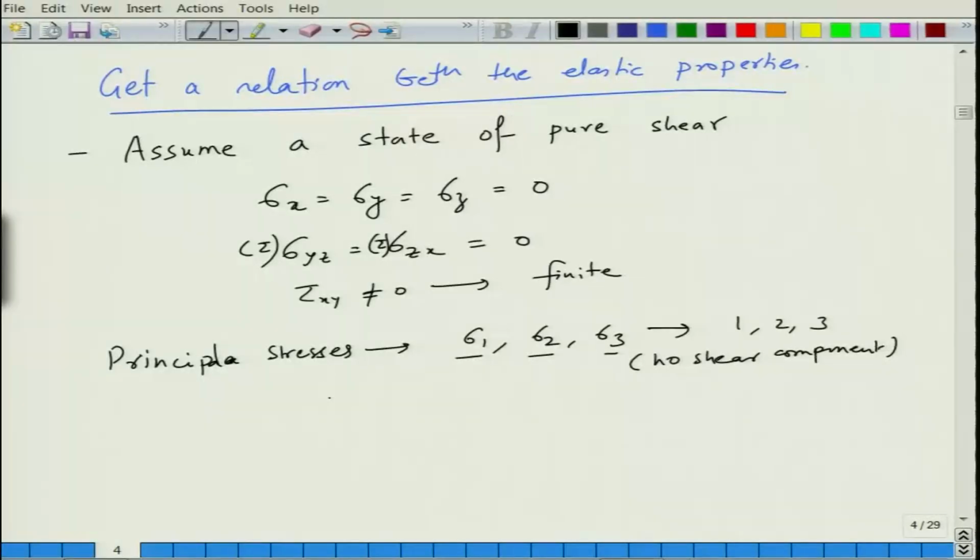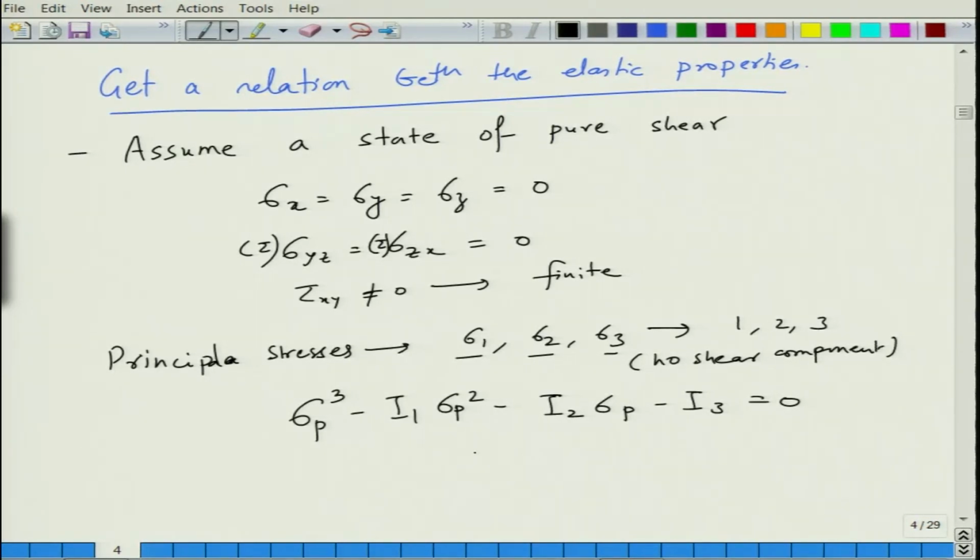So, these are determined from this formula: sigma p cubed minus I1 sigma p squared minus I2 sigma p minus I3 is equal to 0, as we have seen earlier, and these I's are nothing but stress invariants.